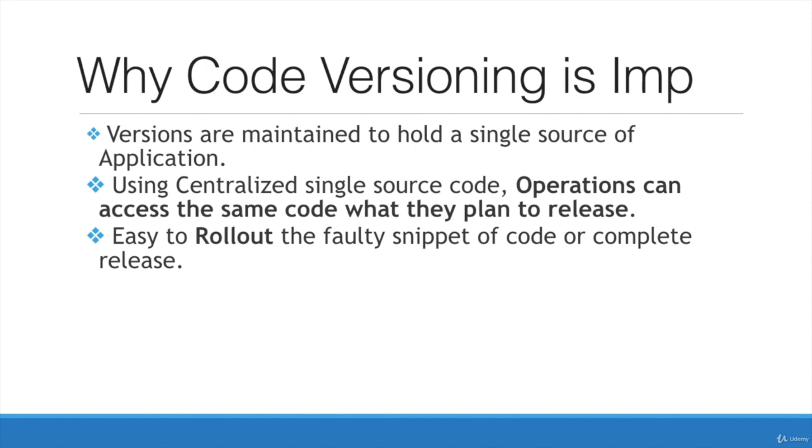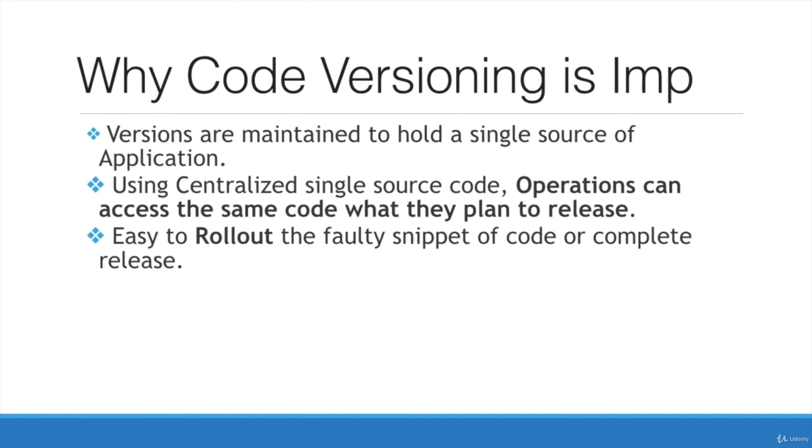If you are using the version control system and you are versioning your code, then you need to know which version of the build was working fine, and which version of the build doesn't have that particular issue. So you simply roll back your code to the previous version, right? Using the centralized single source code, operations can access the same code that they plan to release.